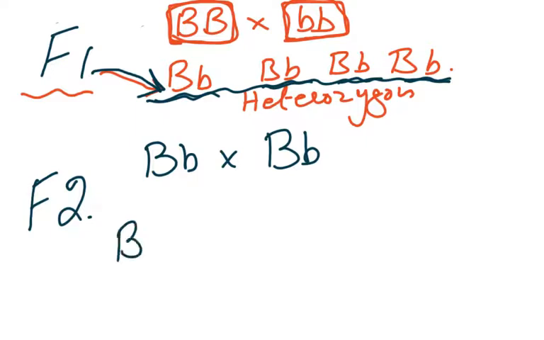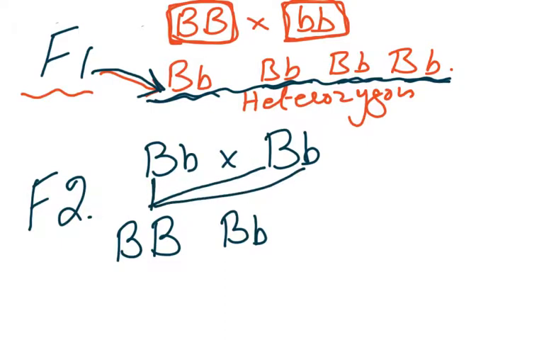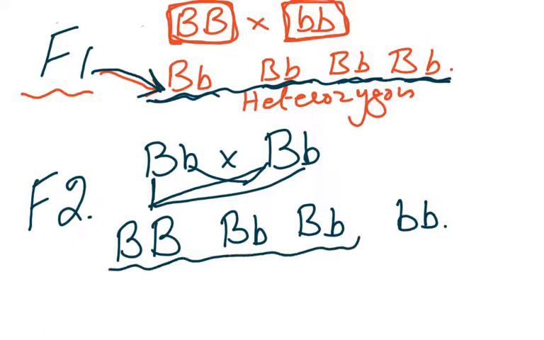Then we have this possibility: big B big B, then big B small b, then big B small b again, and then small b small b. So these are the probabilities of having a black furred rabbit, and this last one will be a white furred rabbit.